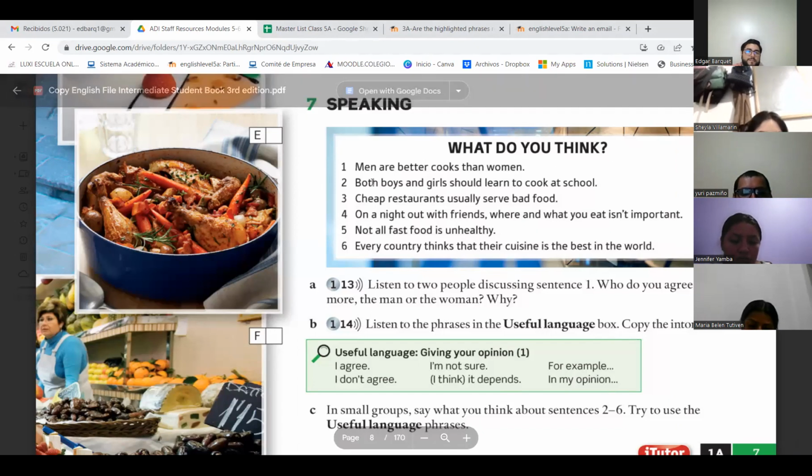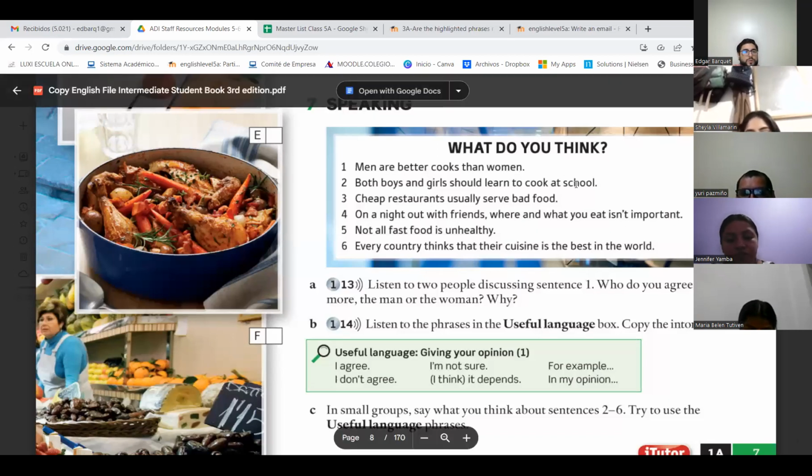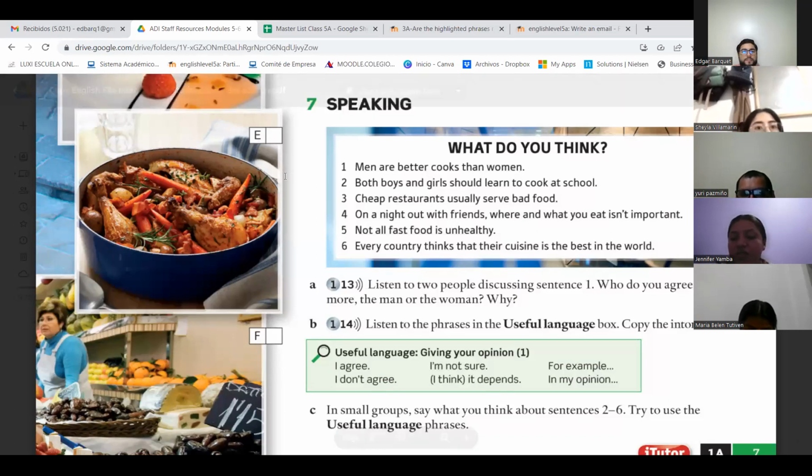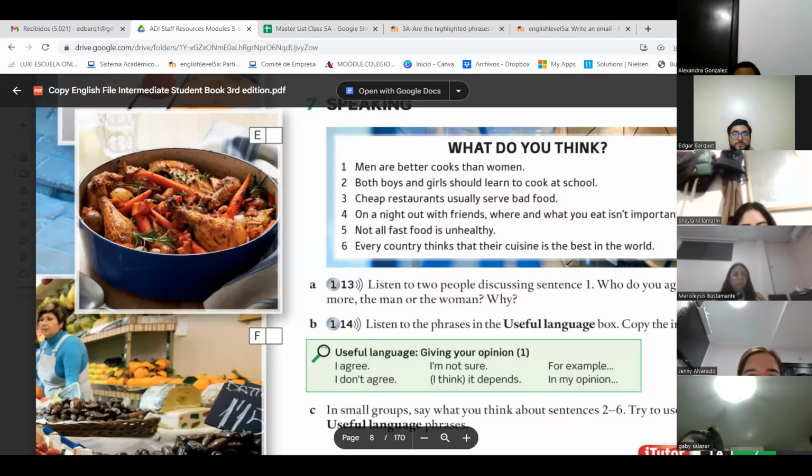The next phrase says, both boys and girls should learn to cook at school. What do you think about this? Should students learn how to cook at school? Would you like to learn?